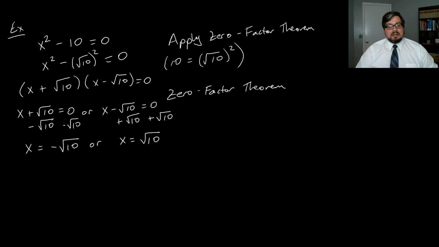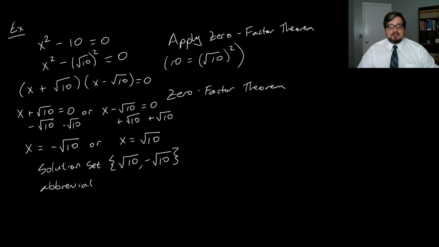So we have this solution set of the square root of 10 and negative square root of 10. This is sometimes abbreviated as saying x equals plus or minus the square root of 10. However, I want to emphasize that this plus or minus notation here is not actually a mathematical operation.